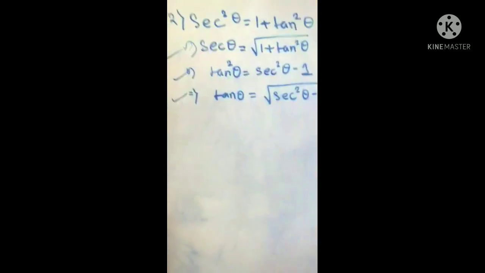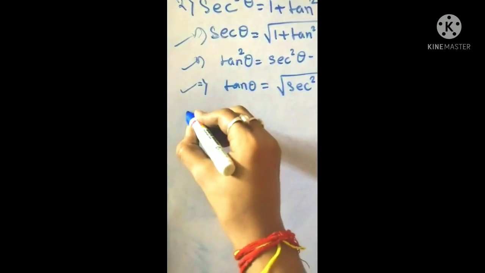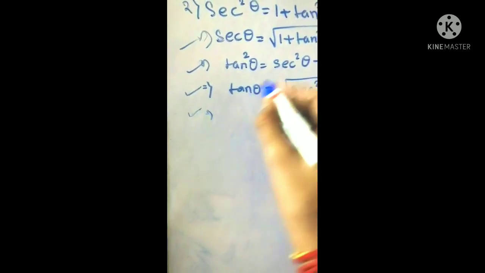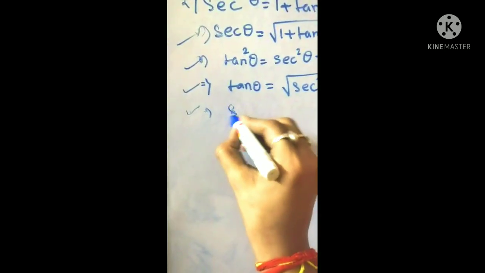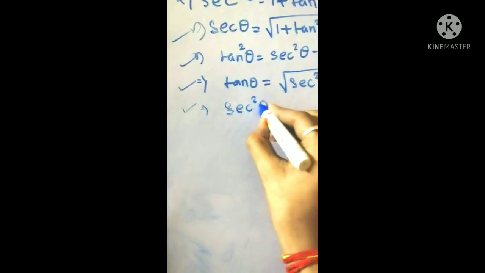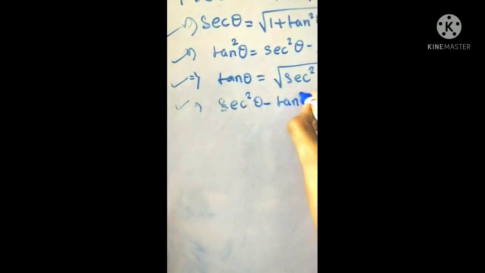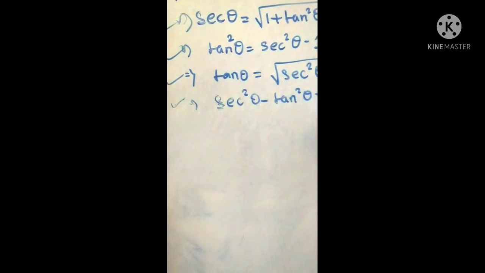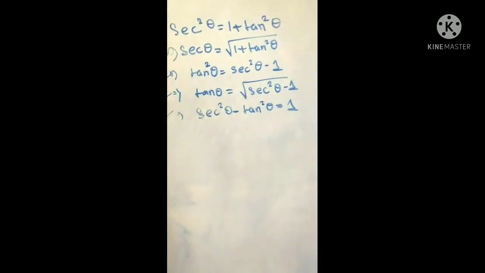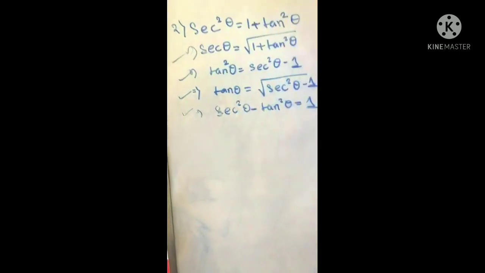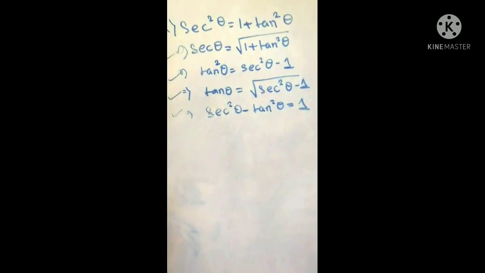And the fourth observation that we are getting is sec square theta minus tan square theta is equal to 1. So these are the four observations we are getting from the second trigonometric identity.